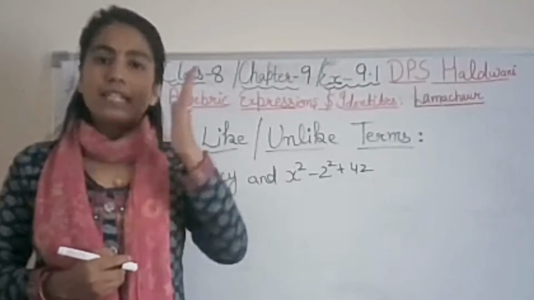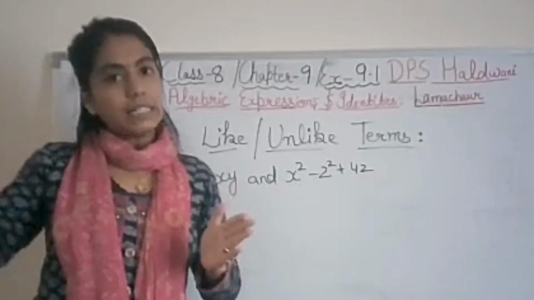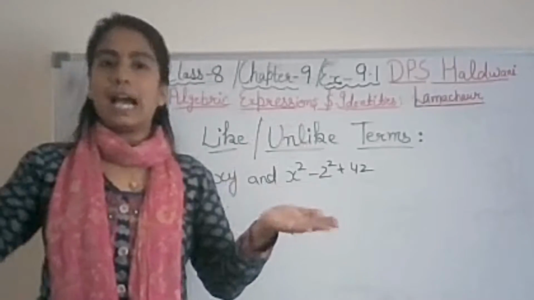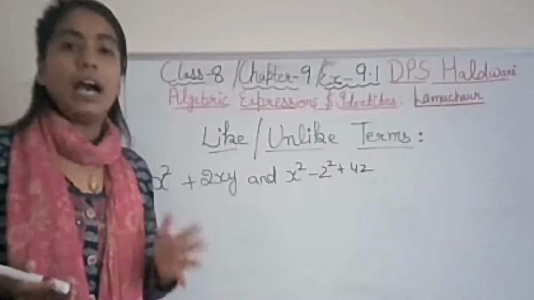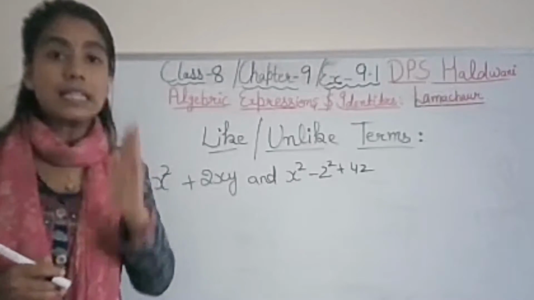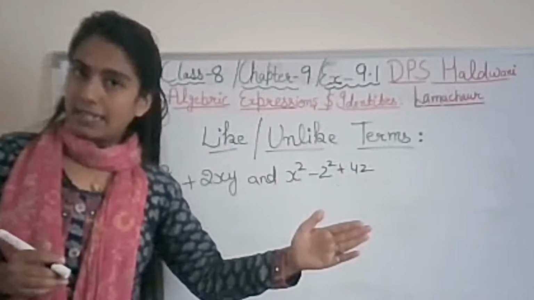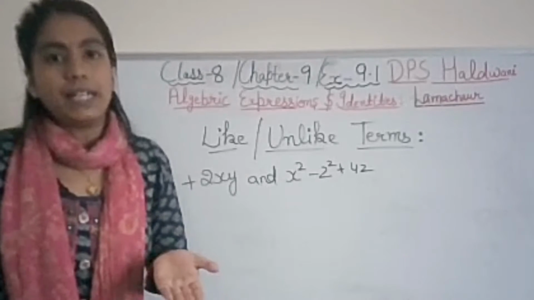Addition and subtraction you can do only when you have like terms. A like term you will add with a like term, meaning the same type of terms you will add. Right student? So if you want to add these two expressions, how will you add? You will see the variable, the same variable terms you will add together, and the rest of the terms will be added separately. How?